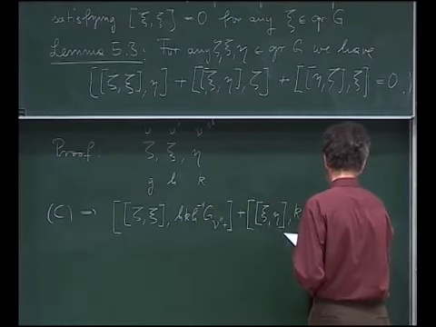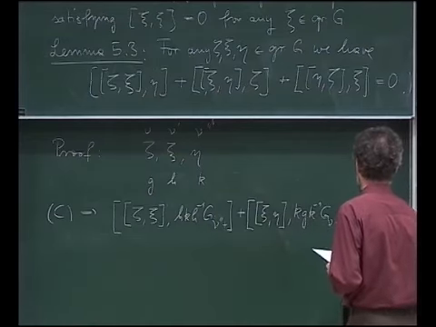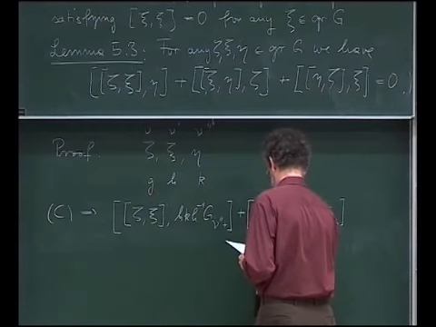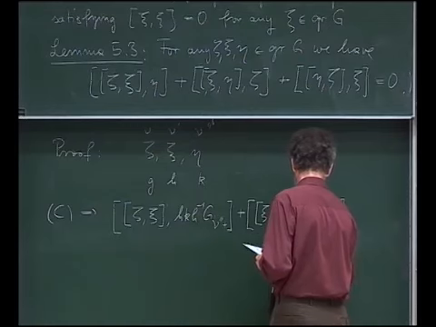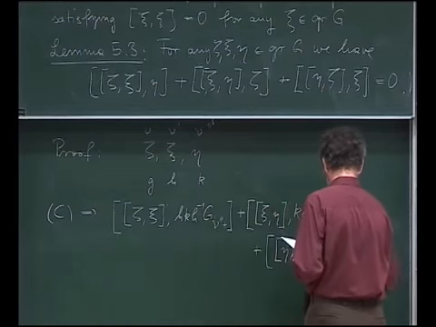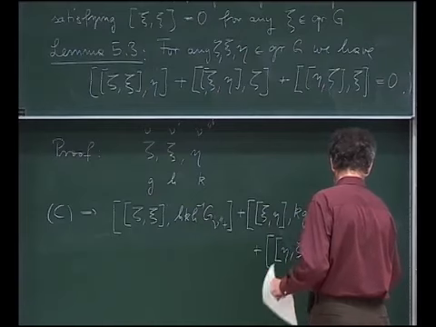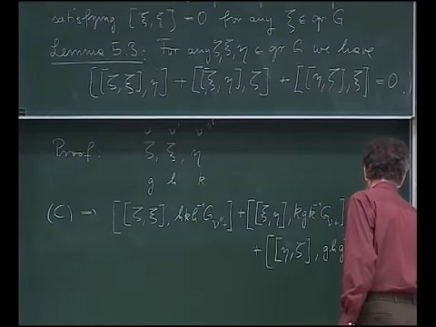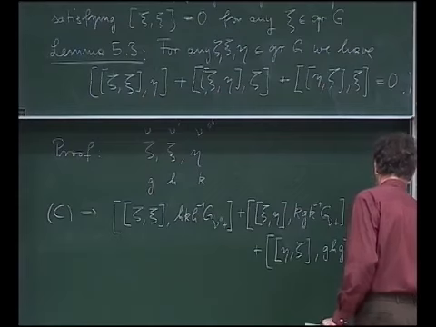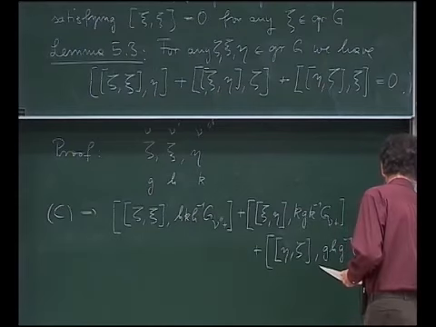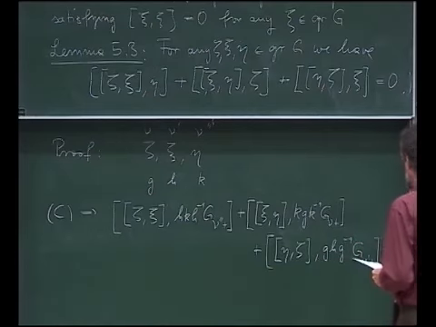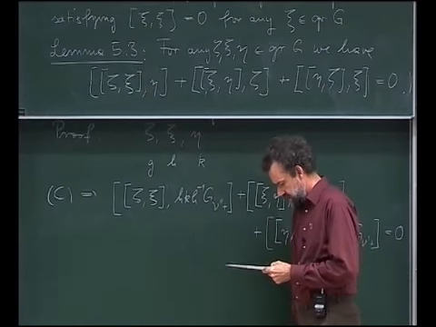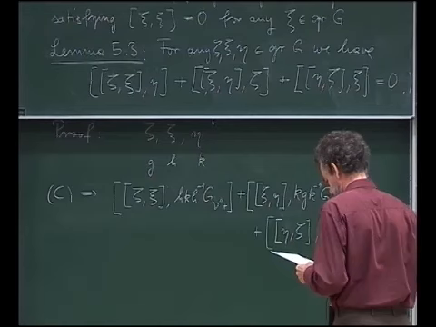So, xi, eta, and then K G K inverse G mu plus, eta, zeta, and G H G inverse H mu prime plus. So this is 0.